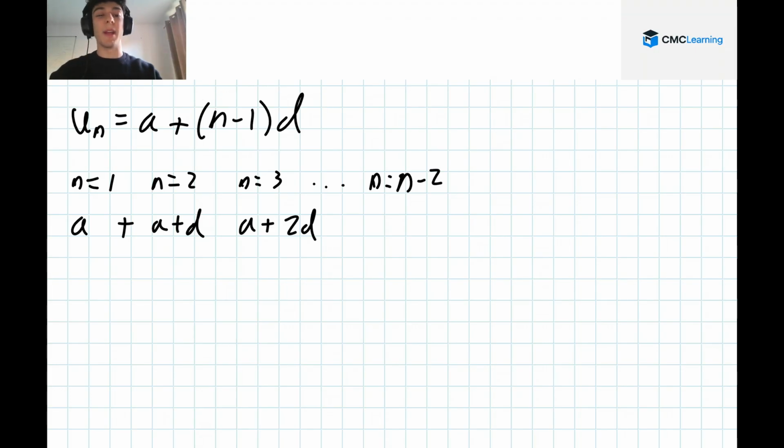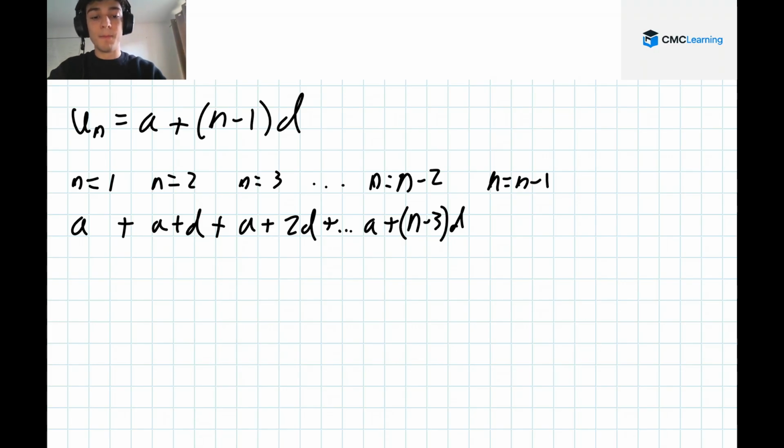So if we just sub in n minus 2 in that expression, I also forgot to put a plus here, what we end up with is a plus n minus 3 multiplied by d. It's really important that we understand where that comes from. We then look at the second to last term. We have a plus n minus 2 multiplied by d.